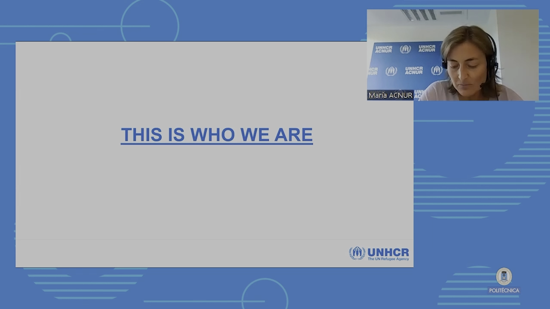At that moment, it was created with a mandate to find a solution for refugees, providing what is called international protection to persons fleeing conflict and persecution and serious human rights violations. That's what international protection is.